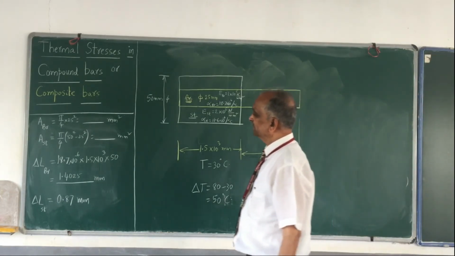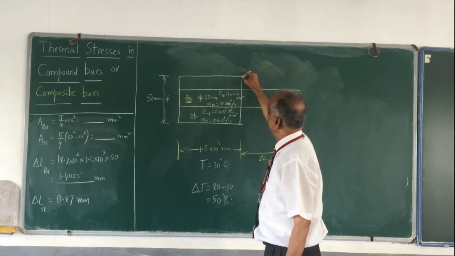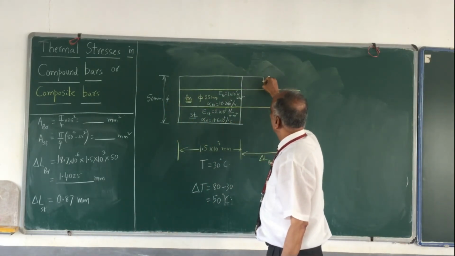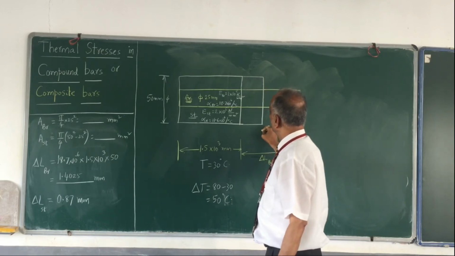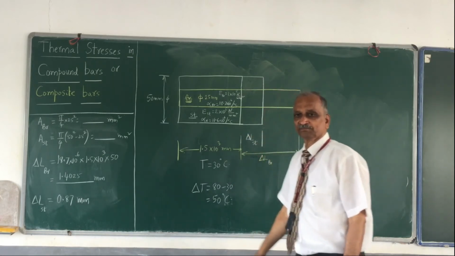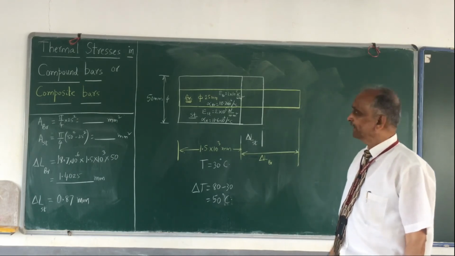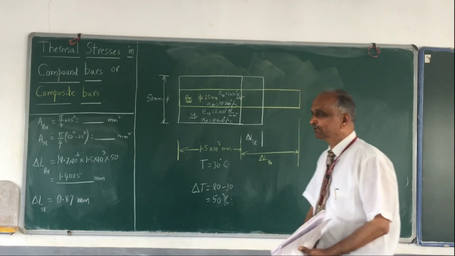Then what is delta L of steel? It is only 0.87. This is smaller. So this is from here to here, delta L of steel. Now, as we know that they are joined together, they are going to settle down somewhere.